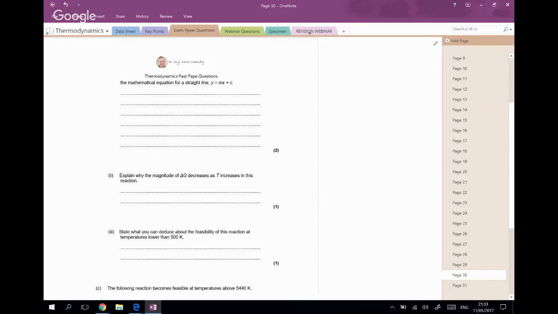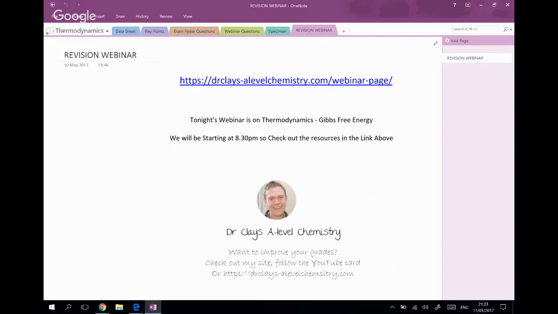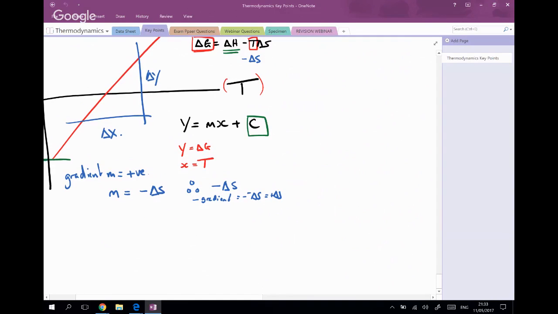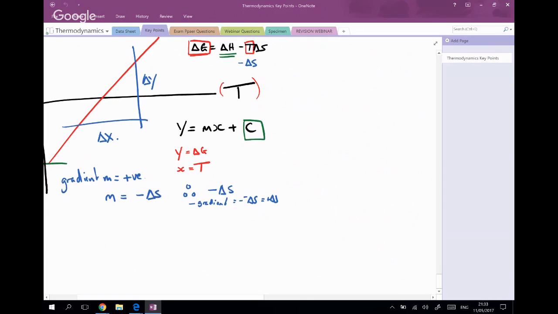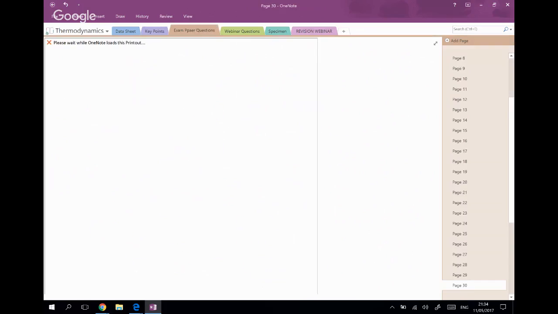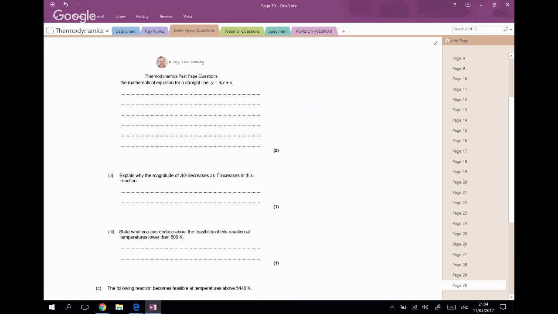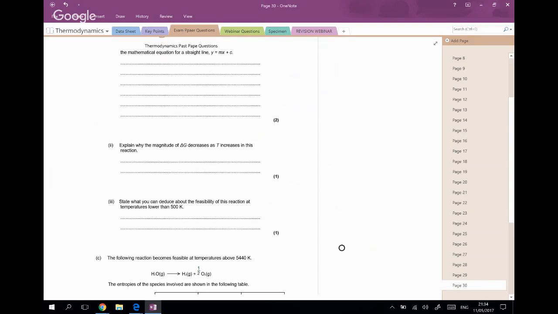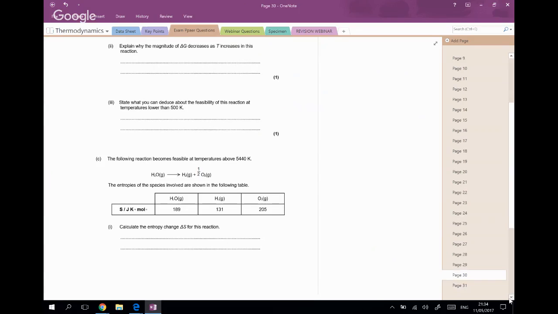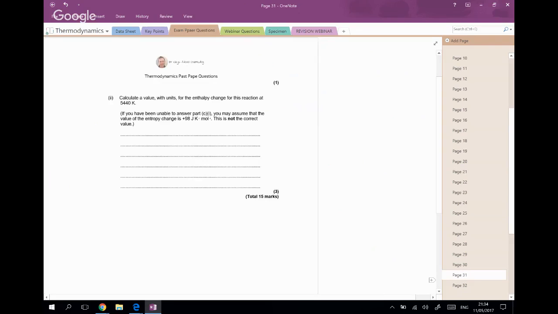So really what we're looking for, it's in the key points, is an explanation of y equals mx plus c for a straight line, pointing out each of those key points. I'm not going to go through that again, but just to show you the sort of things you might expect us to do. I'll find one more before we call it a night.